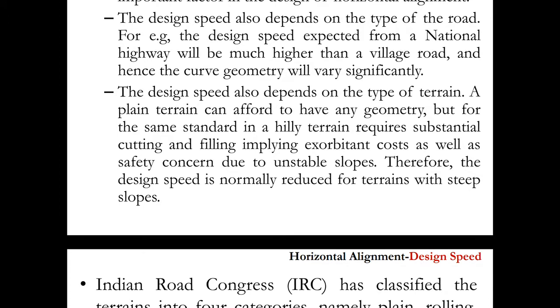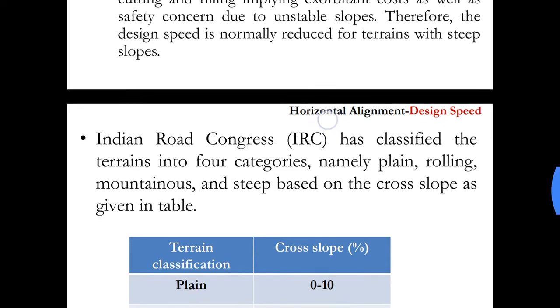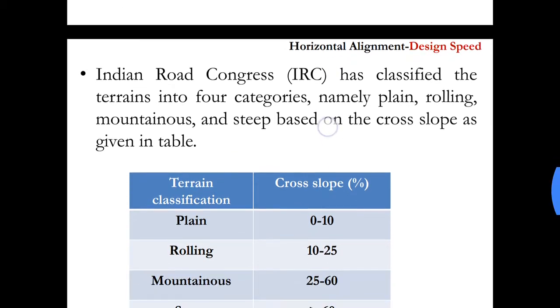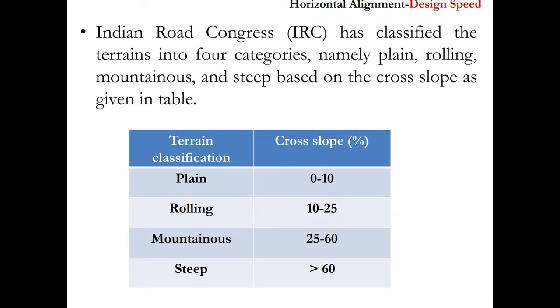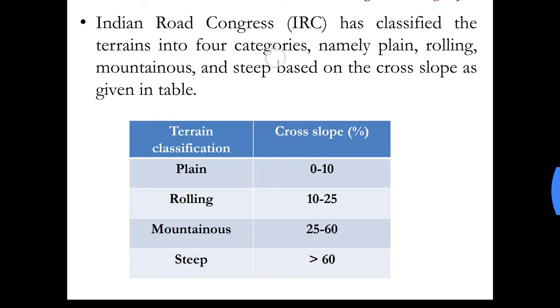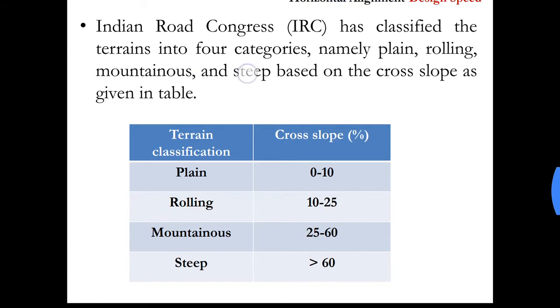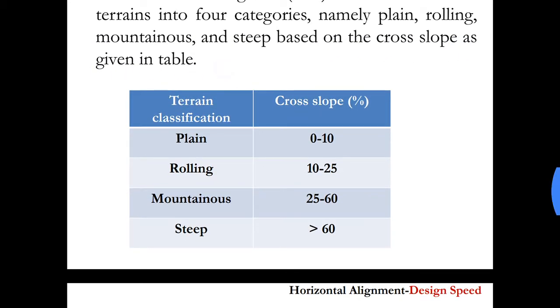As we have already discussed earlier, there are four types of terrains that we consider, and we classify them based on cross slope percentage. IRC, or Indian Roads Congress, has classified the terrains into four categories, namely plain, rolling, mountainous, and steep, based on the cross slope as given in the following table.